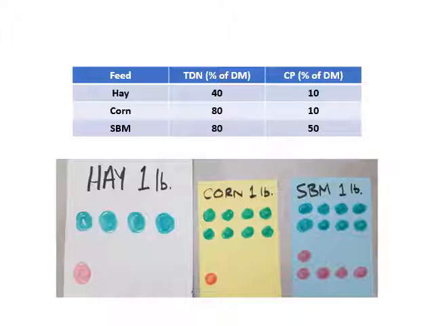That is 8/10 of a pound of TDN in our soybean meal. We look at our 50% crude protein, that means we're going to have half of that pound, or 5/10, or a half a pound of crude protein. So 1, 2, 3, 4, 5 red dots, each representing 1/10 of a pound.